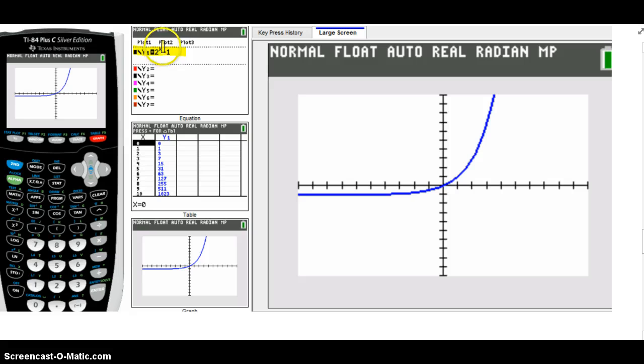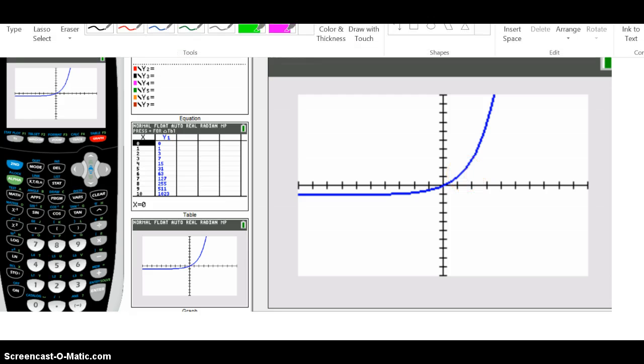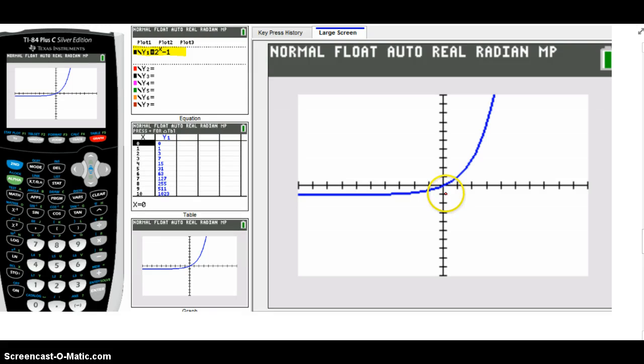The minus 1 takes all the y values and shifts them down, and now the horizontal asymptote is no longer the x-axis, but the line y equals -1. So everything has to stay above this border y equals -1 because they all got shifted down by 1 unit. So you may have that happen where your graph shifts up or down.